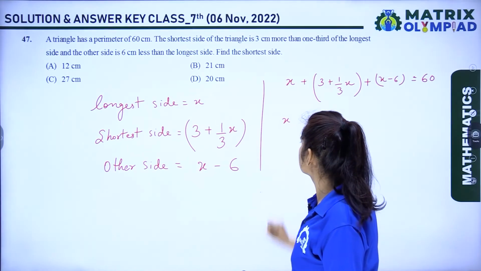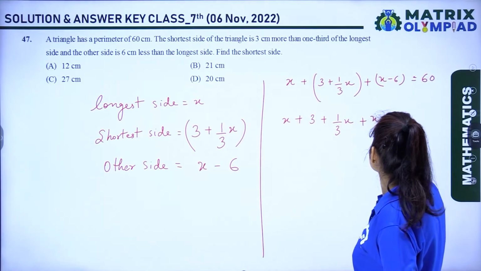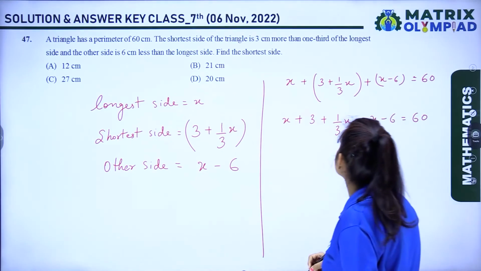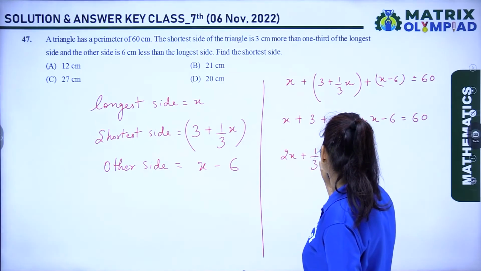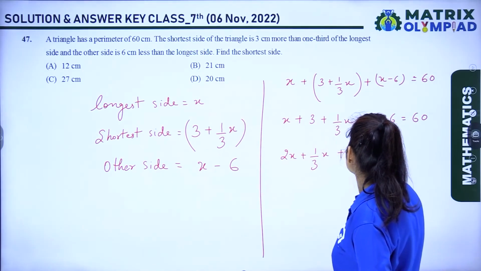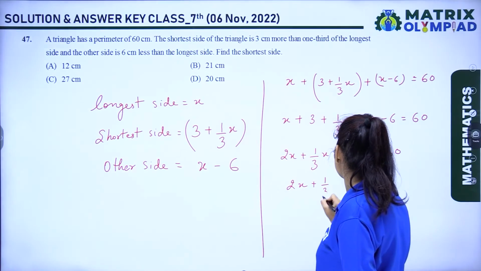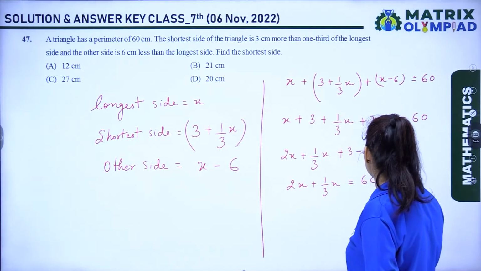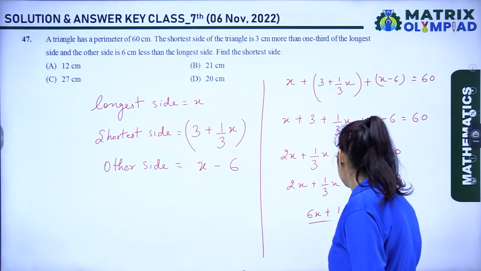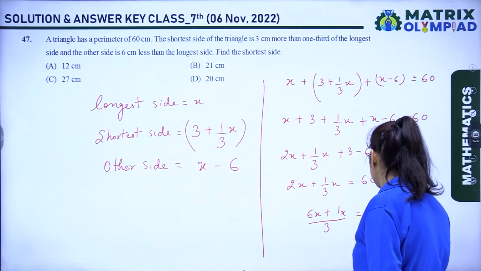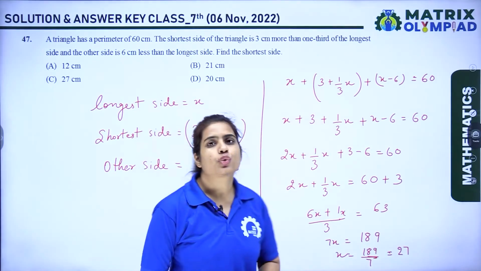Now here x plus 1 by 3x plus x minus 6 equal to 60. So here we get the value of x, that is 27.